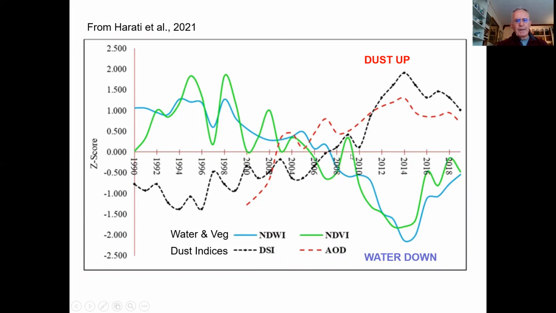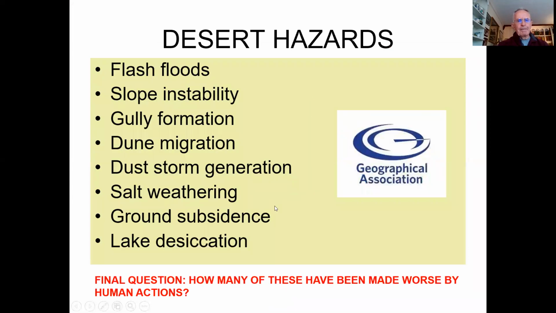It's a bit complicated, but basically, as the water level shown in blue has gone down, the dust shown in black and red has gone up. This again is largely due to the effects of removing water for irrigation and water supply.